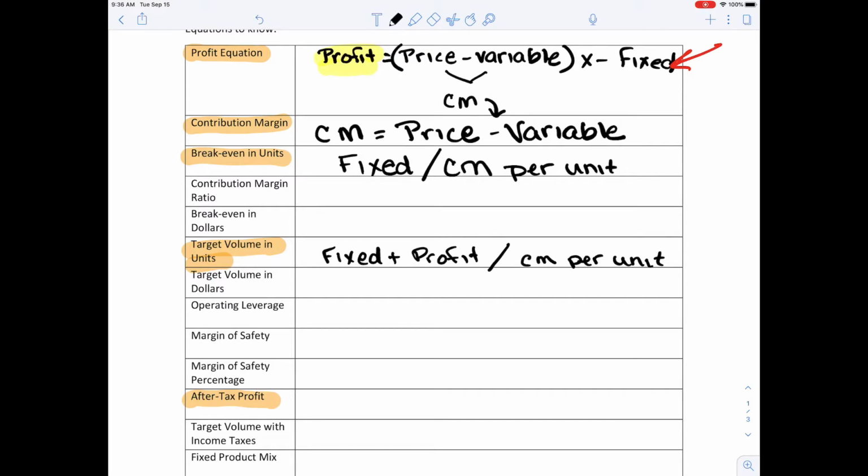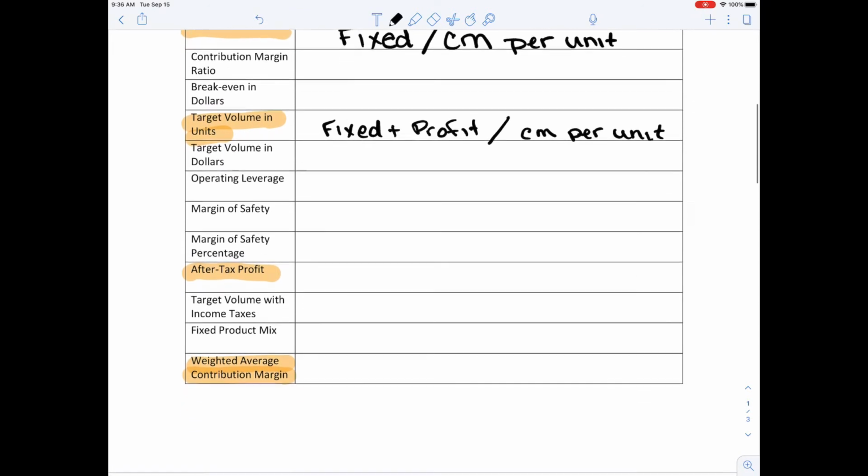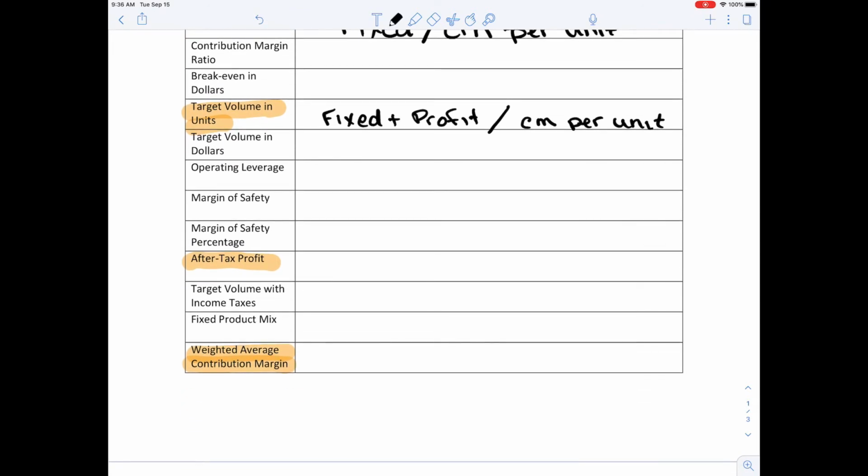And again, you're going to need all of these equations. I'm just going to go through a couple of equations here that are a little bit different that you're going to need, and maybe I'm going to shortcut a little bit more than what the book's giving you. The other equation that's new and we're going to need to know is this after-tax profit, because we're going to start taking into consideration we're going to have to pay tax on our income.